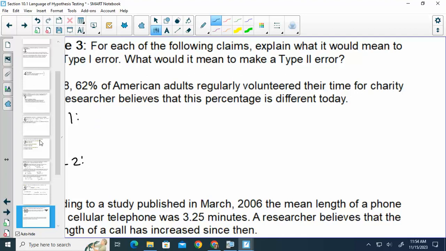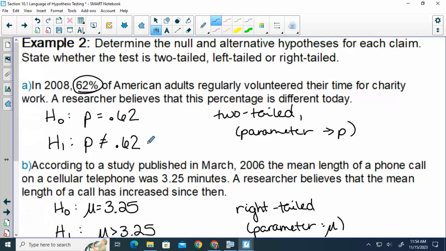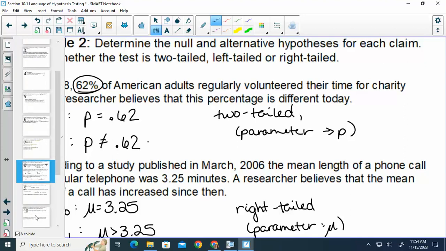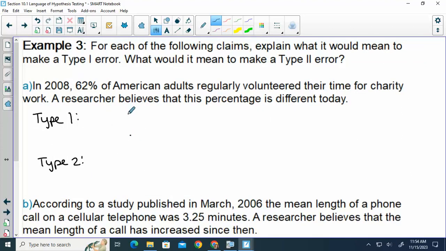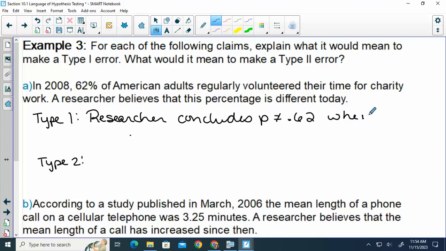So that means we are agreeing with the alternative. So the population is 0.62, so the researcher concludes the proportion was not 0.62 when it actually is.